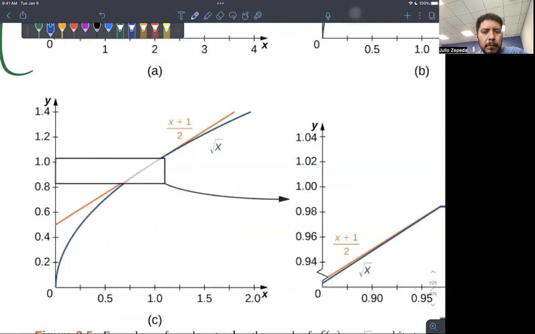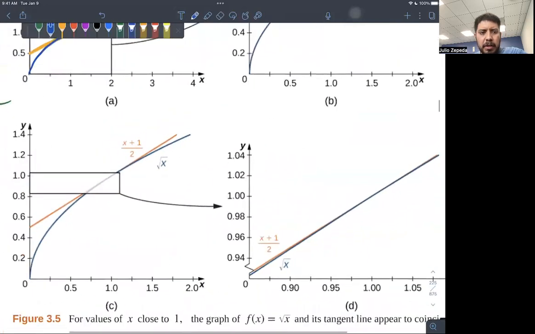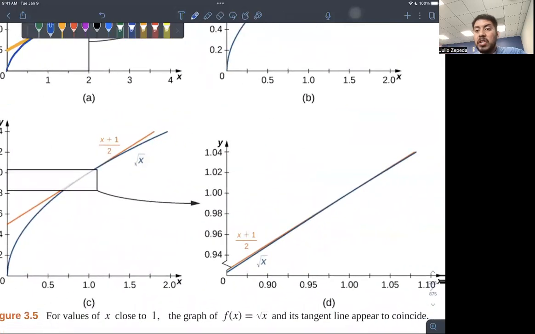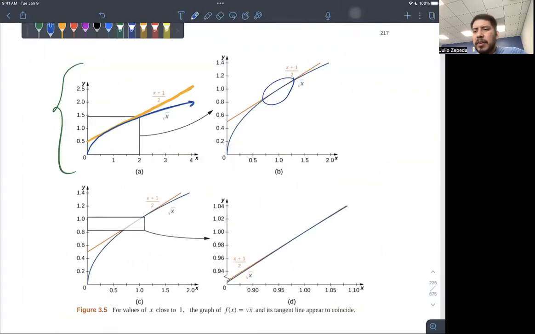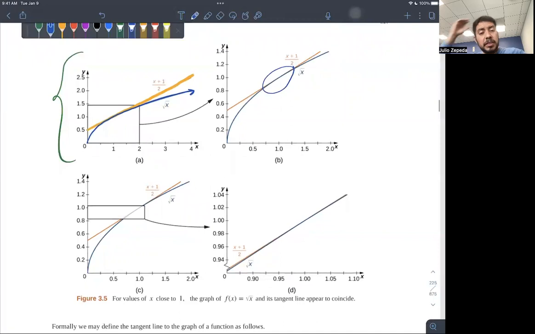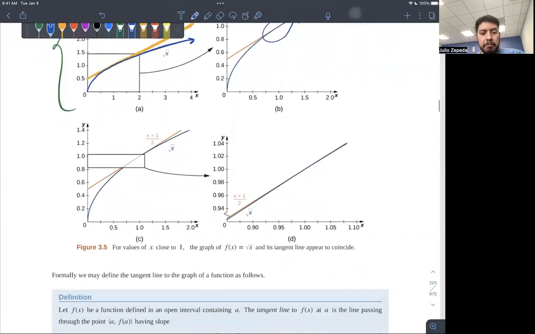You get a very good approximation of a nonlinear function using a linear function. And lines are very simple for us. We've studied them a lot in the past, hopefully. And calculus is going to show us that we can use linear functions to approximate nonlinear functions in many cases.